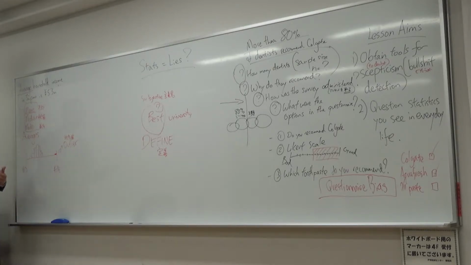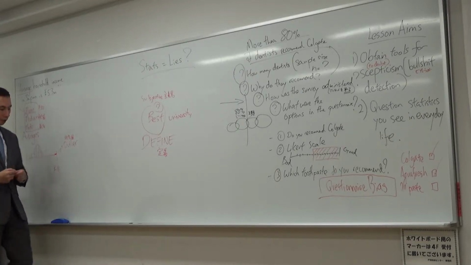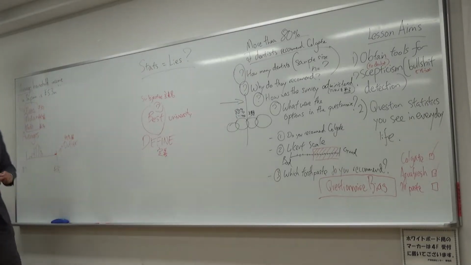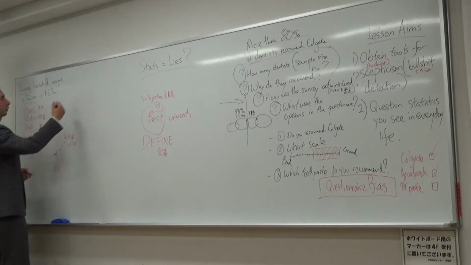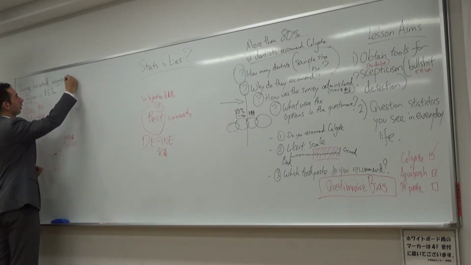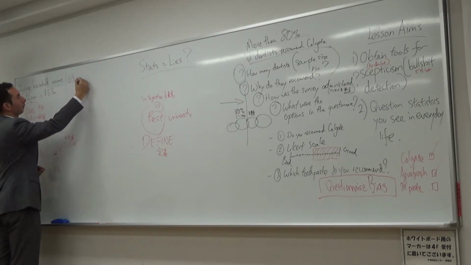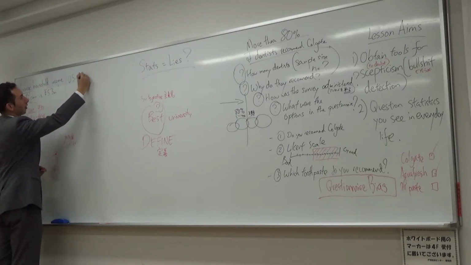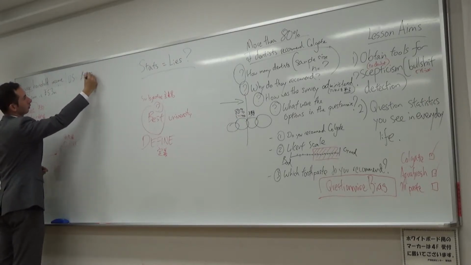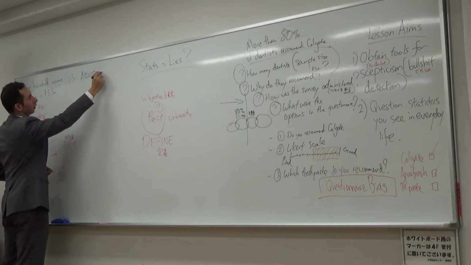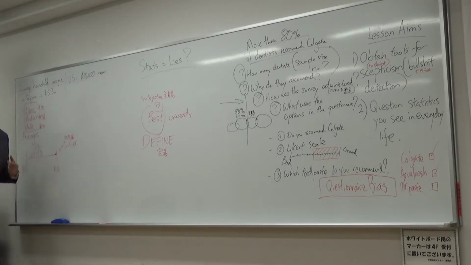To give you an example, maybe in Japan this is less obvious than America. In the US, the mean household income is $70,000. What is a better way of understanding the average household income?